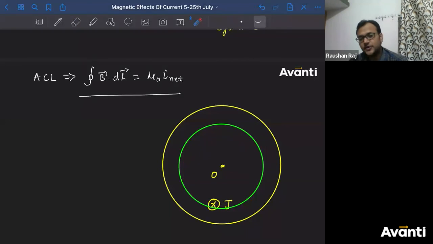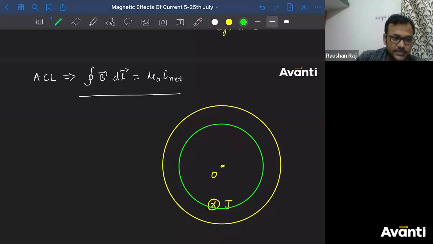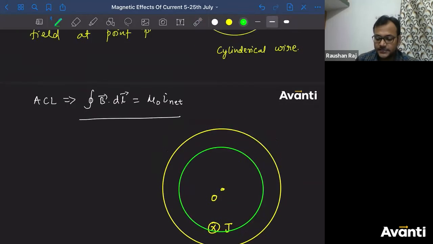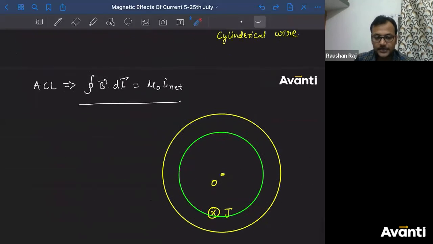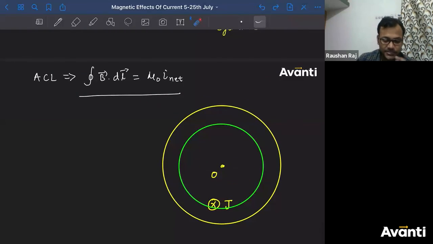So current through any cross section will be equal to J into area of that cross section. But since the area of this cross section is pi r square, and J at all these sections is not the same, what will I assume? I will consider a region where current density is constant. Since current density depends on R, I'll assume a region where R is not changing. So for that, I'll assume a ring strip.